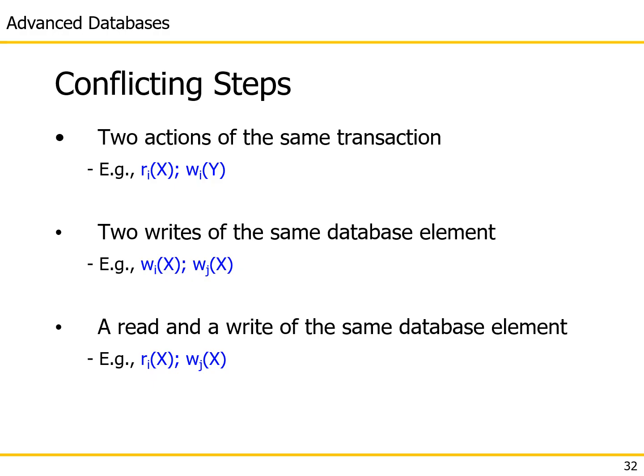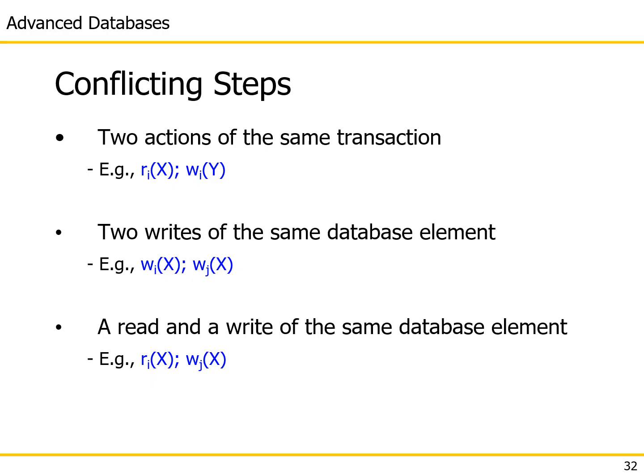Then it will add the shipping cost and write 15,200, which is the value for Y. So you cannot swap two actions of the same transaction, where there is an implicit order of things. Now, it might not be the case, but we don't know. So the general rule is, if transaction I is reading X followed by transaction I writing Y, we will keep it as is, because it's coming from the logic of the transaction.